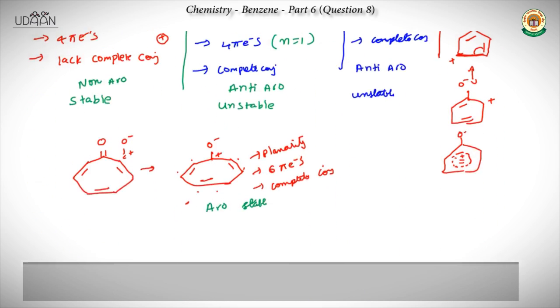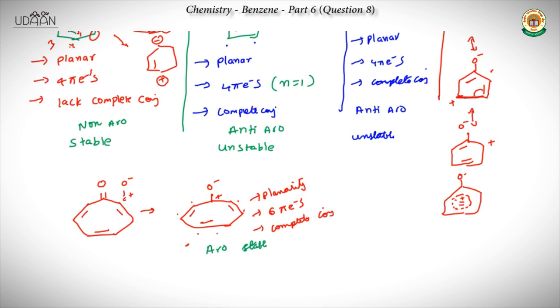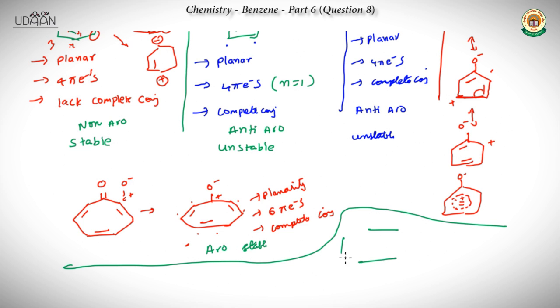Now here we have one more interesting question for you, that is, you have to find if this compound is stable or unstable at room temperature. This 8-membered carbon ring. Now we want to discuss this one because it's a tricky one.